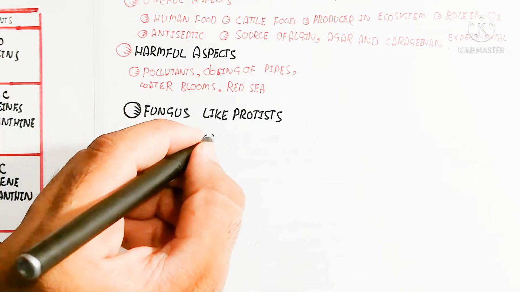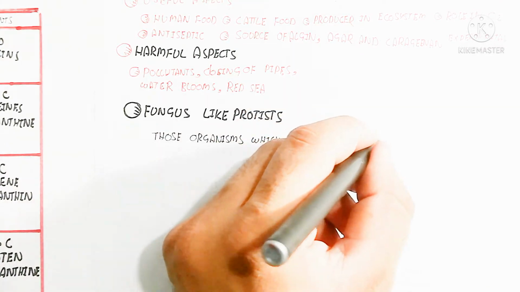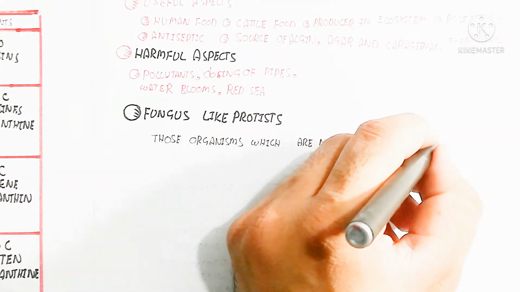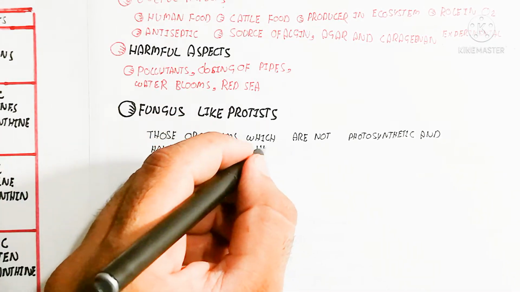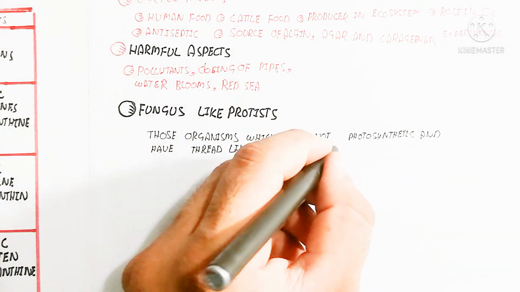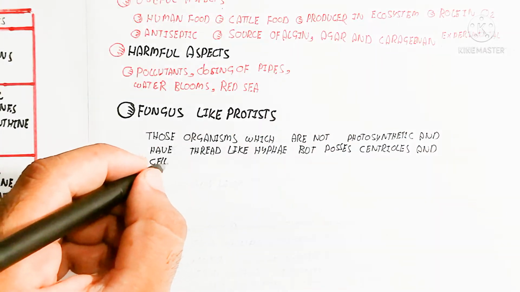On the other hand, here is the fungus-like protist we will discuss also. The plant-like protist was that, but fungus-like protists are organisms which are not photosynthetic and have thread-like hyphae but possess centrioles and a cell wall.